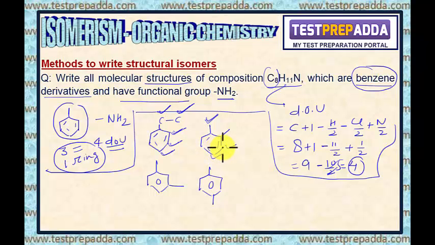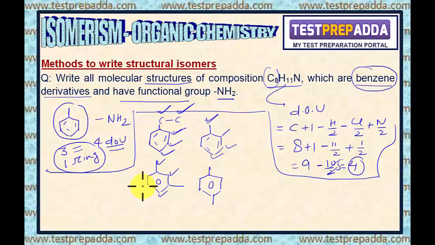Now, I can place NH2 here. Whether you place NH2 at this carbon or this carbon, it will give you the same. I can place NH2 here, opposite to this carbon, or opposite to this carbon. The two will be the same.